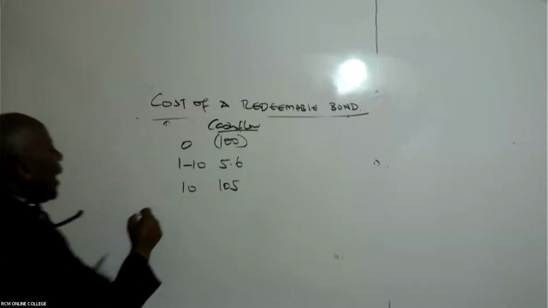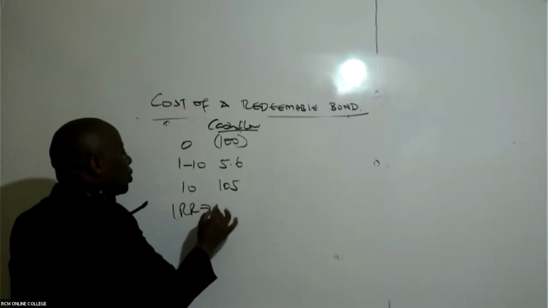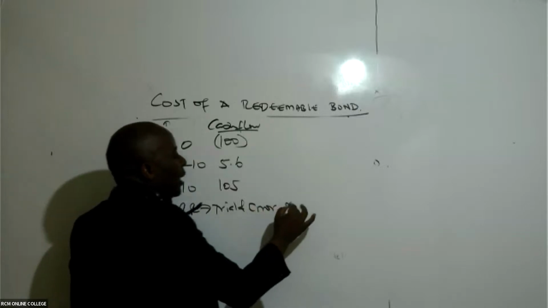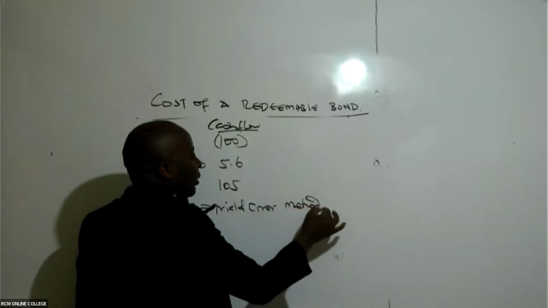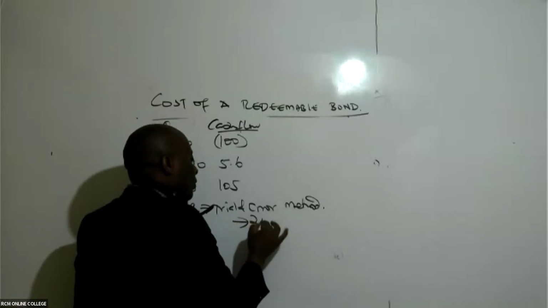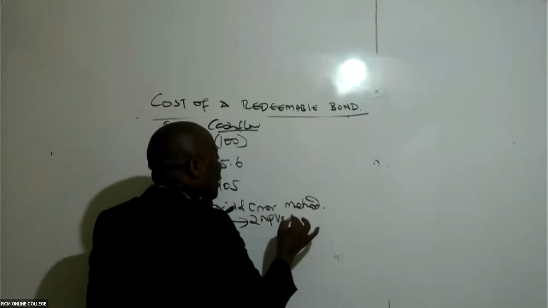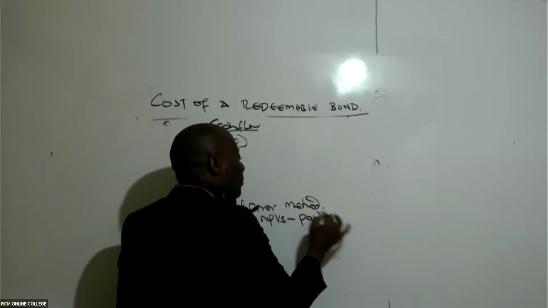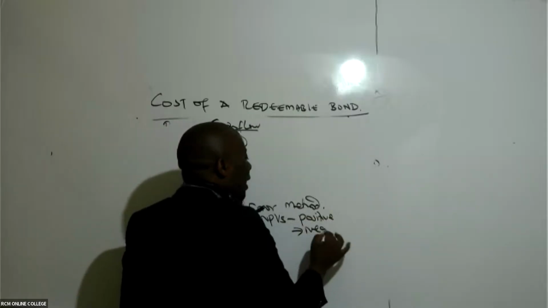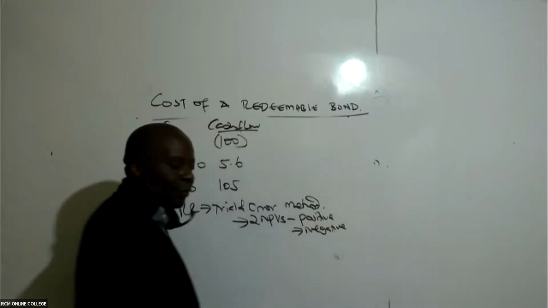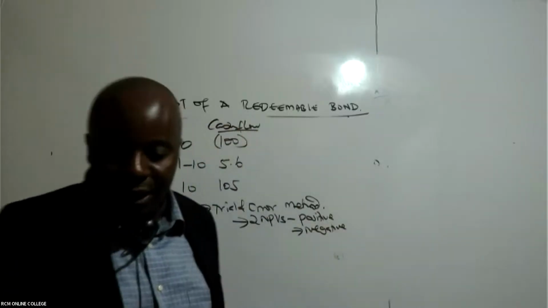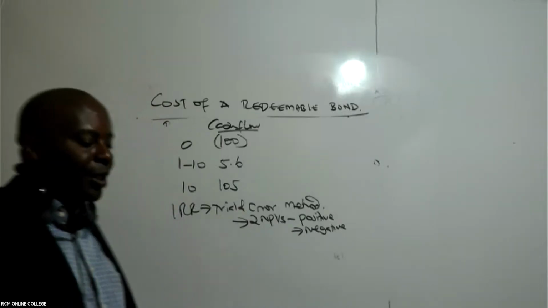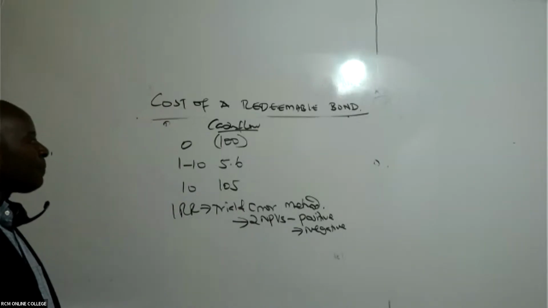So remember, for IRR, we normally use the trial and error method. And we need 2 NPVs. One must be a positive NPV and the other one must be a negative NPV.